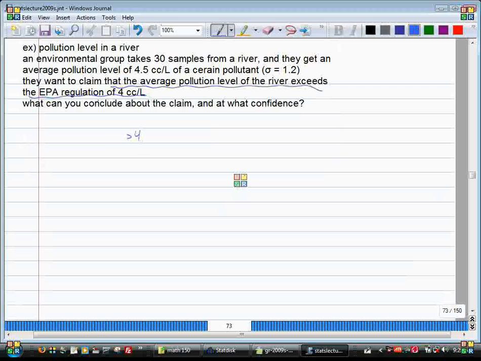Mu is greater than 4. Now is this H0 or H1? This has to be H1, and how do we write down H0? Equals. So these are your claims.